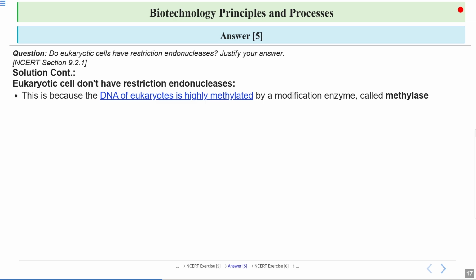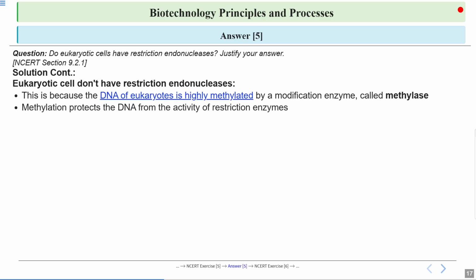Methylation is actually crucial for regulating gene expression, development, and maintaining genome stability. So in the case of eukaryotes, they maintain genome stability. The DNA does not get randomly cut by different restriction enzymes. So the DNA gets methylated for protection in eukaryotes.